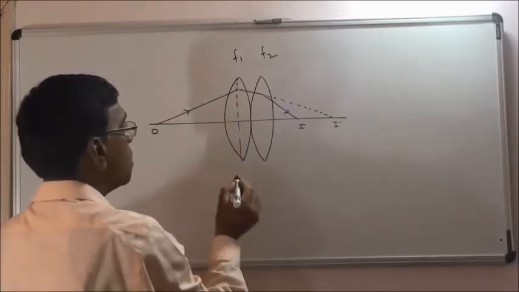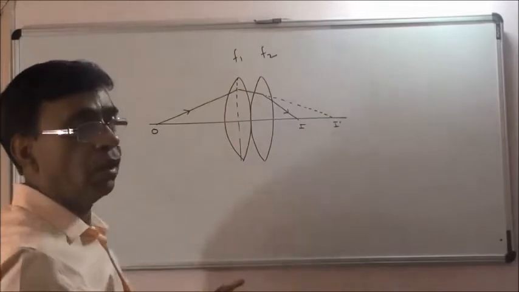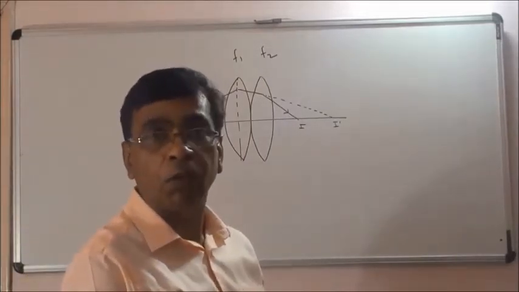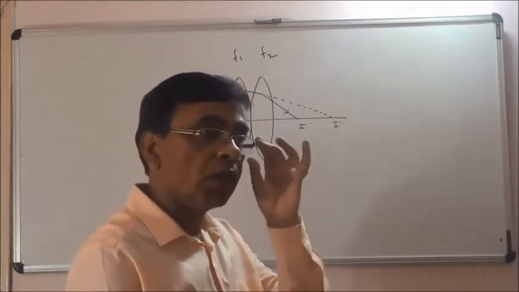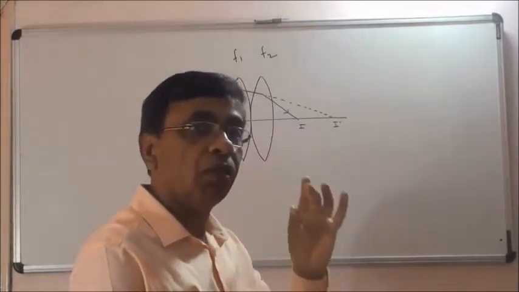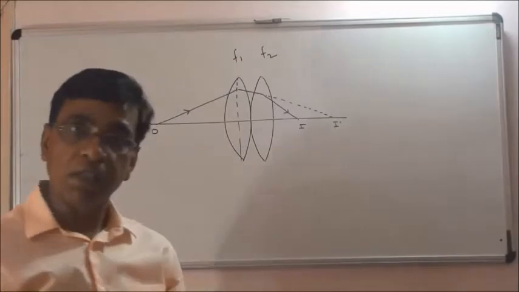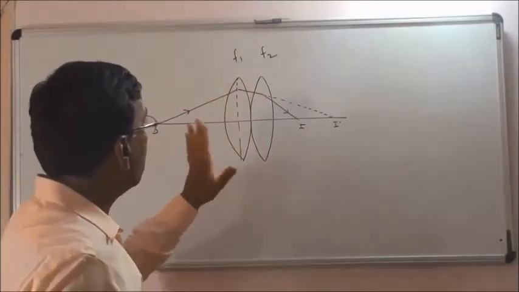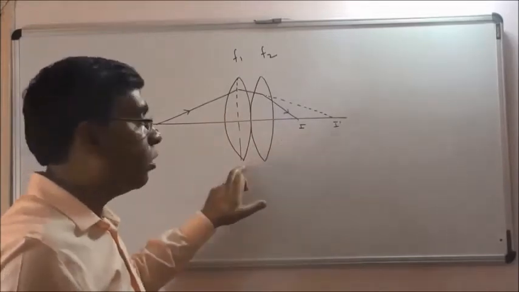Now just as we have done in case of single lens, lens maker's formula. What was the approach? The image formed by the first surface was taken as object for the second surface and then we took the final image. Same here too. I dash is the image formed by the first lens.